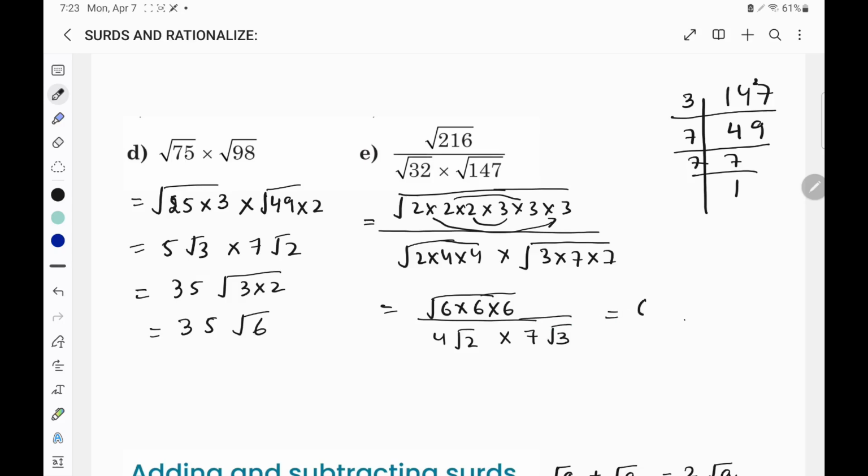So this also you can write down 6 square root of 6, because 2 6s we can write one outside, and then 4 square root 2 into 7 square root of 3. 4 7s are 28, and 2 times 3 is 6. I multiplied 4 with 7, and 2 times 3 is 6.